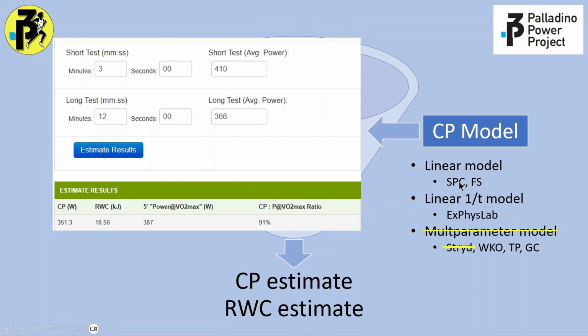I'm using the final surge model in this one, which is a linear model, but produces exactly the same data outputs as the linear 1/time model, right? So I'm just using that to depict that.